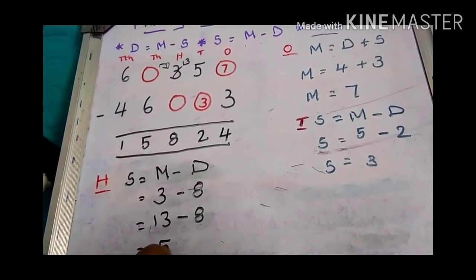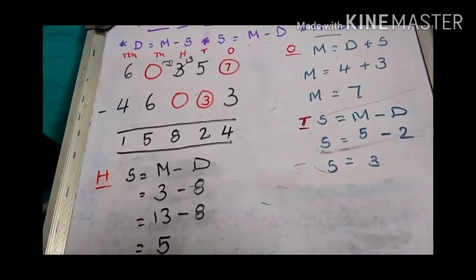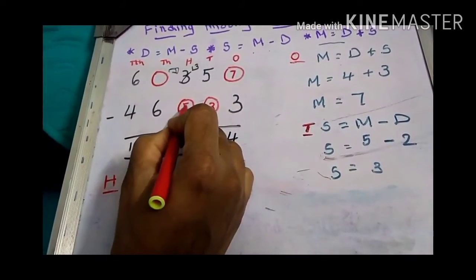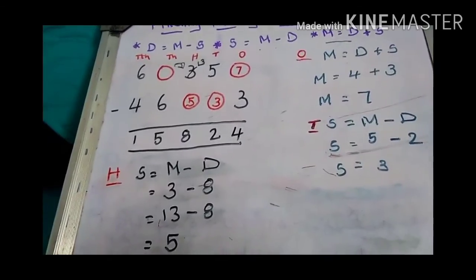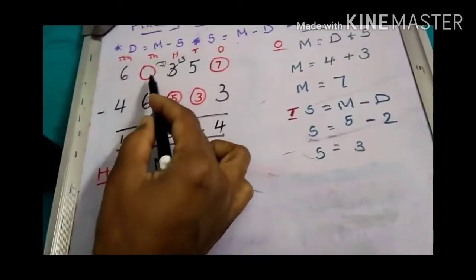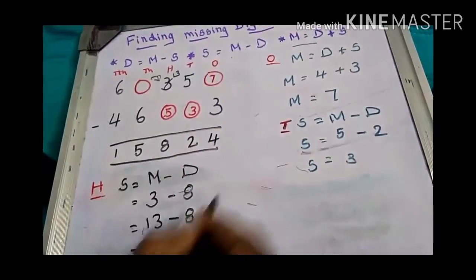Because 3 is lesser than 8, you have to borrow from the next place. Now it will become 13, and 13 minus 8 is 5. So the missing one in the 100 place is 5.